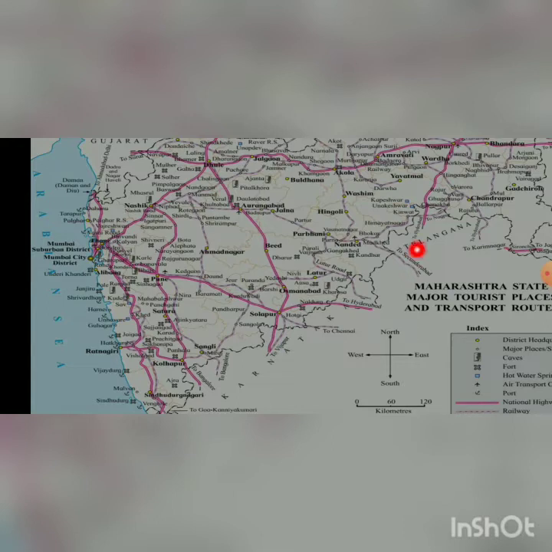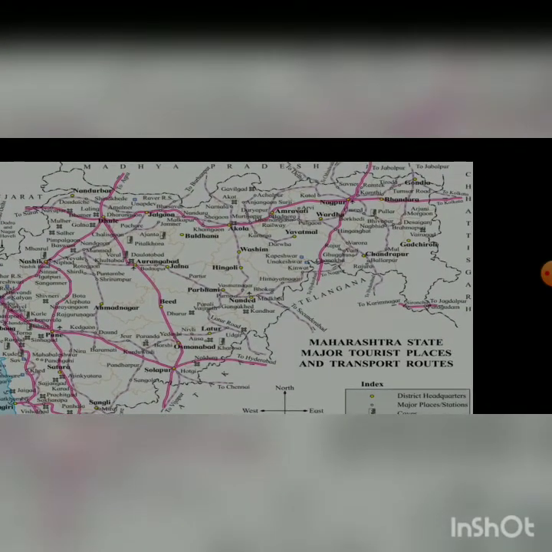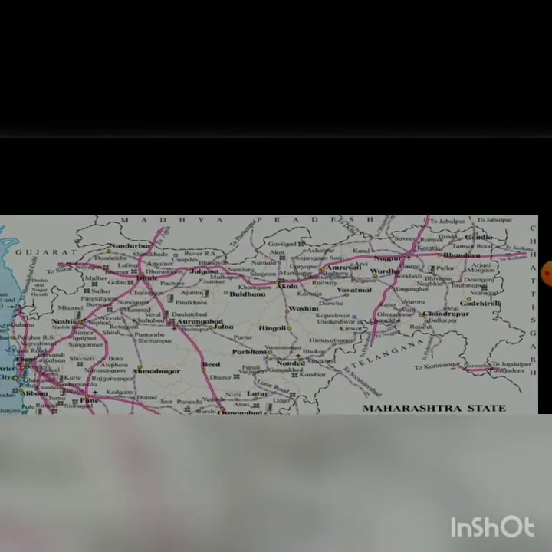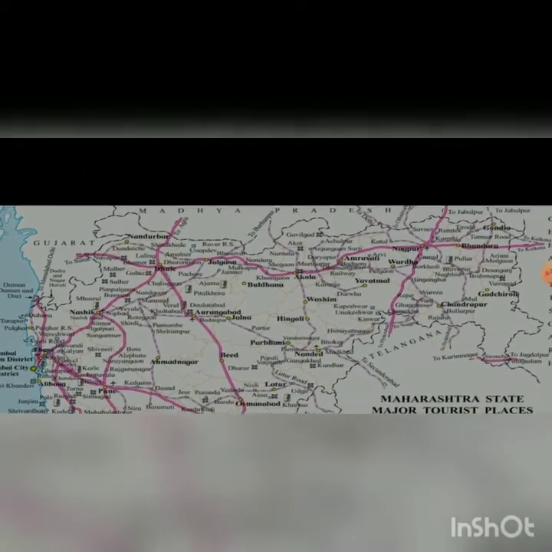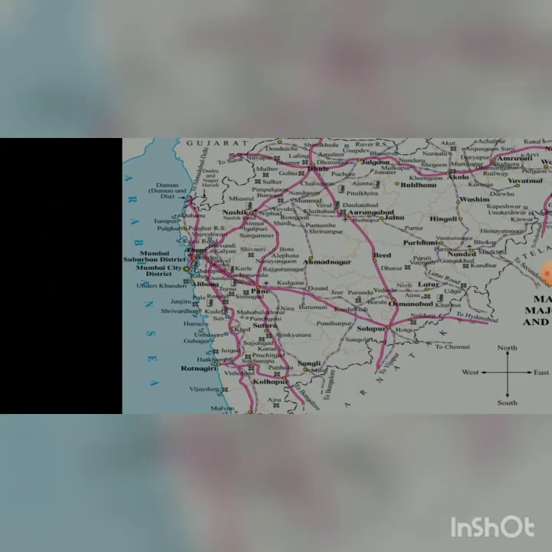Then towards the east is Chhattisgarh. Towards the north, you can see Madhya Pradesh and Gujarat. And to the west of Maharashtra, you know, it is the Arabian Sea.